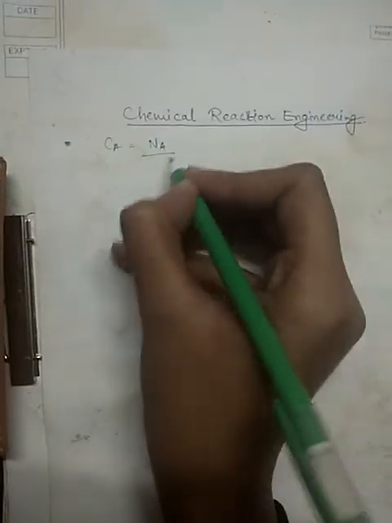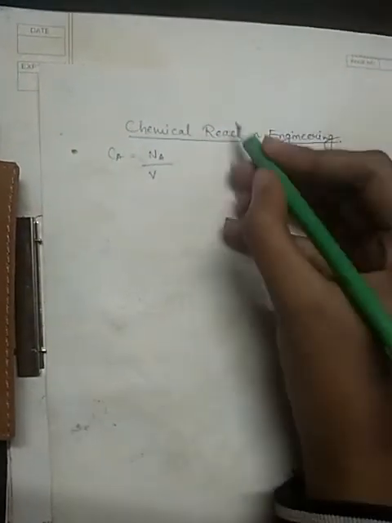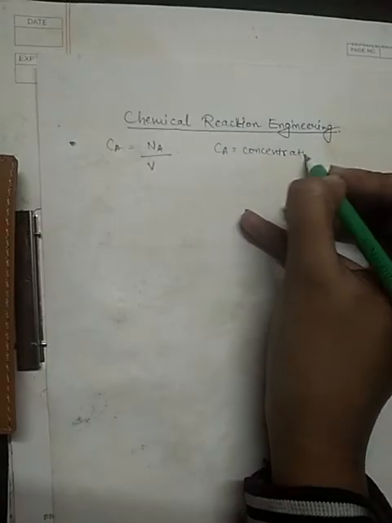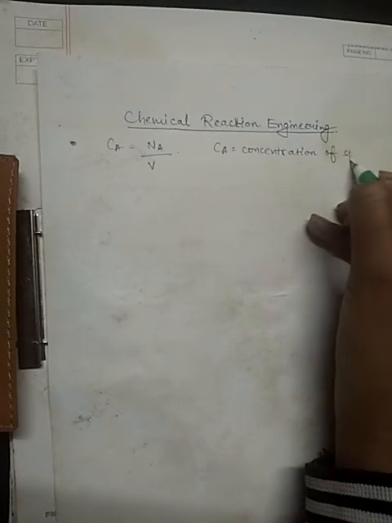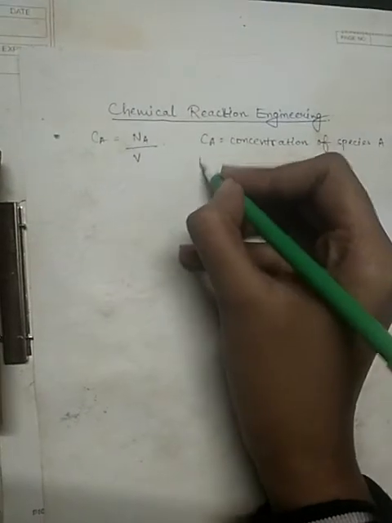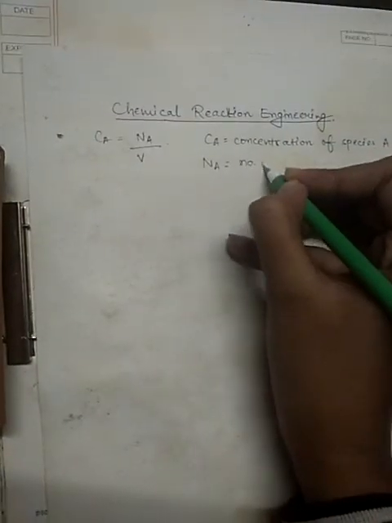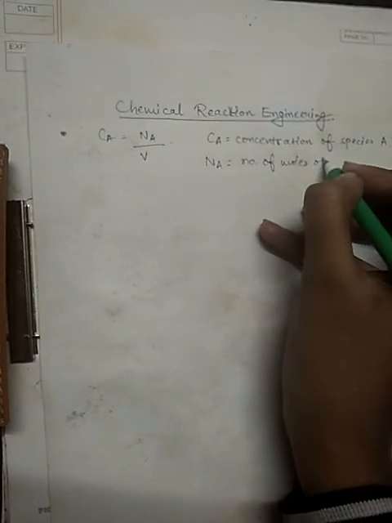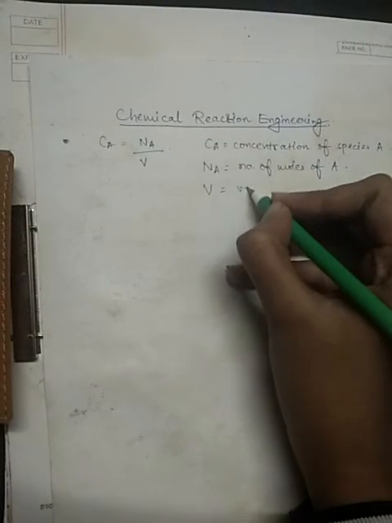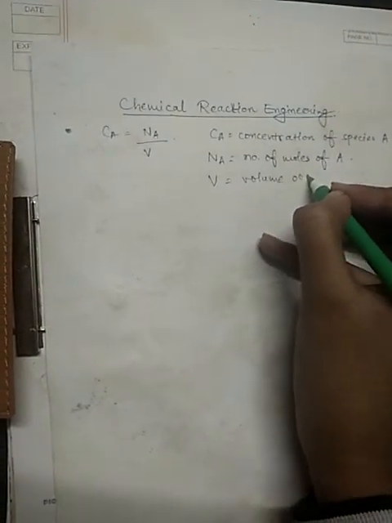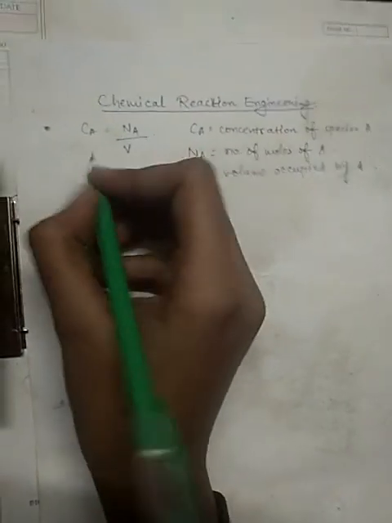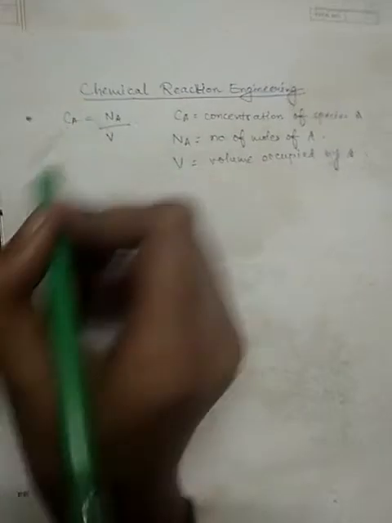What is all this? Ca is the concentration of our species A, and Na is the number of moles of A that we have at hand, and V is the volume occupied by A. So Ca is the ratio of the number of moles of A and the volume occupied by it.